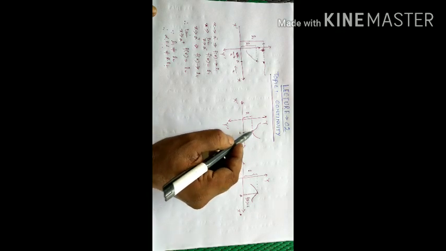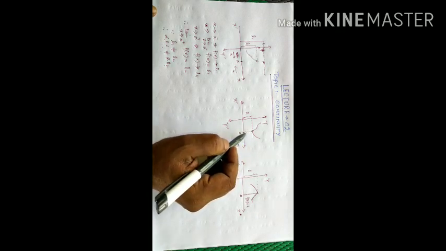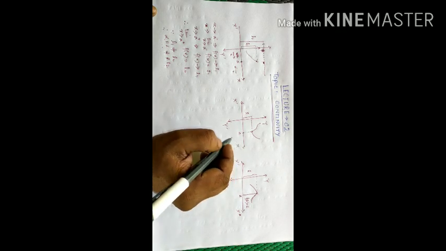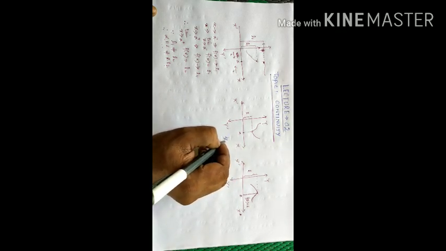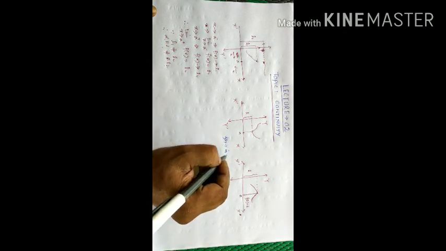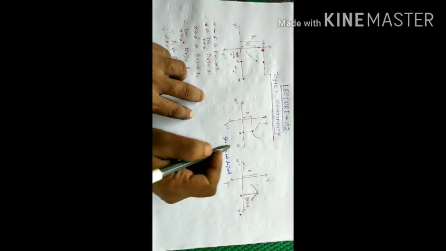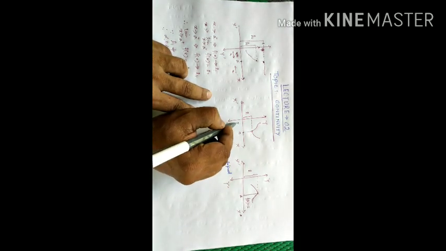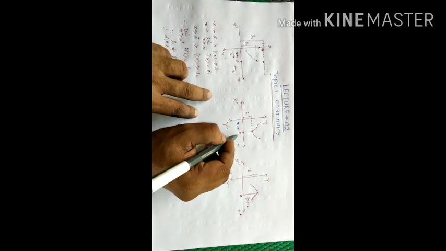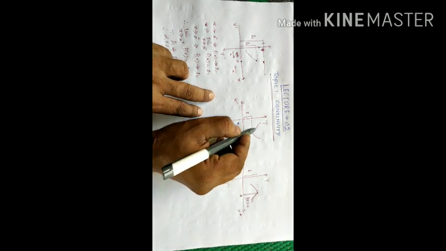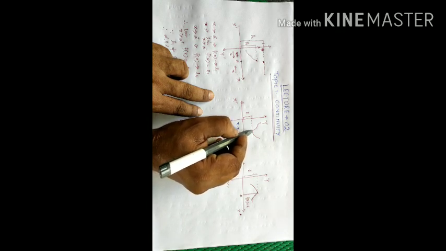Now comes to this graph. Here the open ball represents that at x equal to a, the function is not defined. Function is not defined means f(a) is not defined. Now you see, when x tends to a from the left, f(x) approaches this, and ultimately f(x) is reaching here.